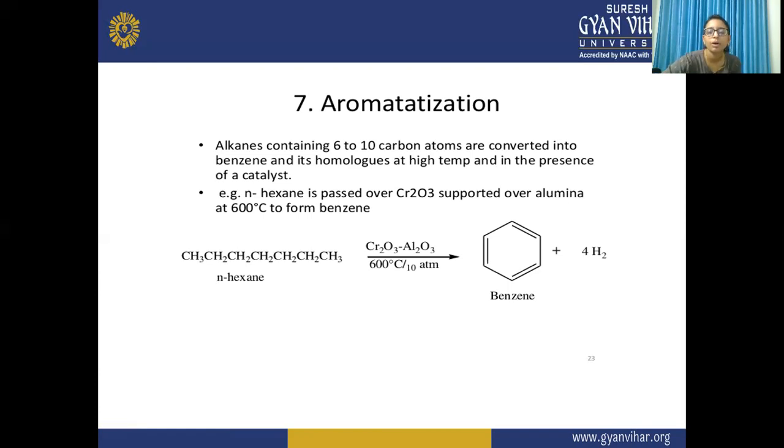These are saturated compounds, and they are forming a product which is an unsaturated compound, that is benzene, which has the double bonds. So here the hydrogens are removed from this straight chain, or you can say from this alkane, and hydrogen gas is evolved out, and this reaction is occurring in the presence of chromium oxide, alumina at 600 degrees centigrade and at 10 atmosphere.